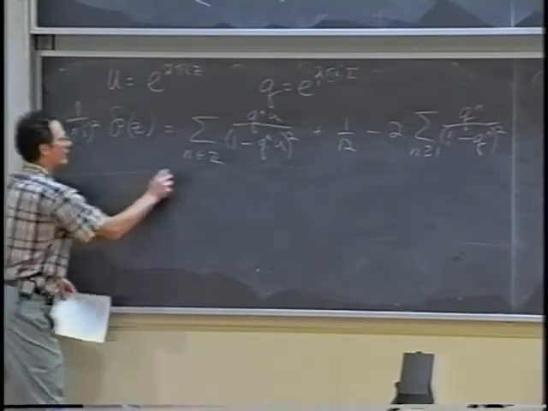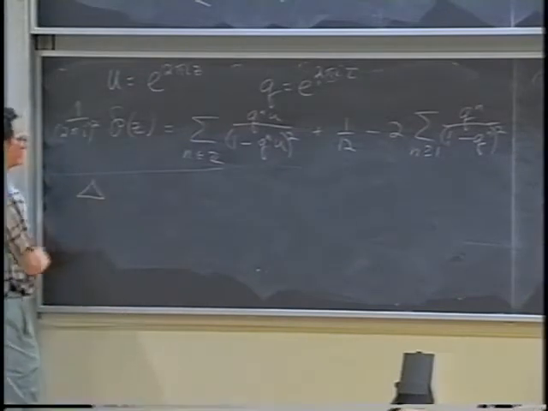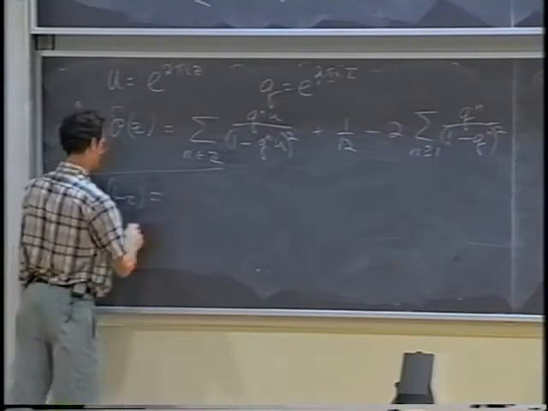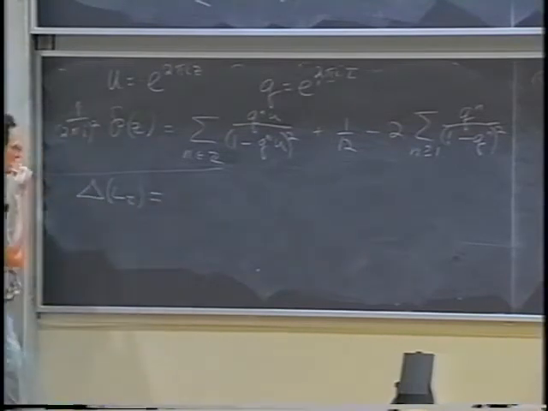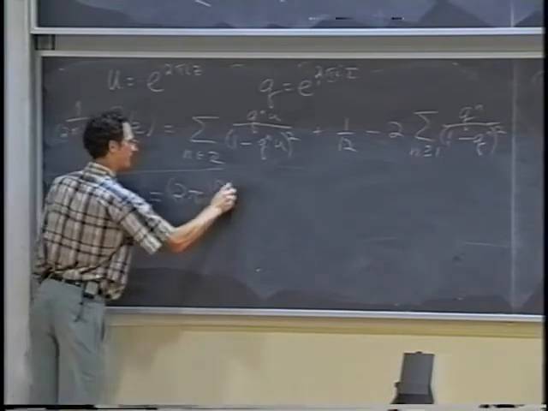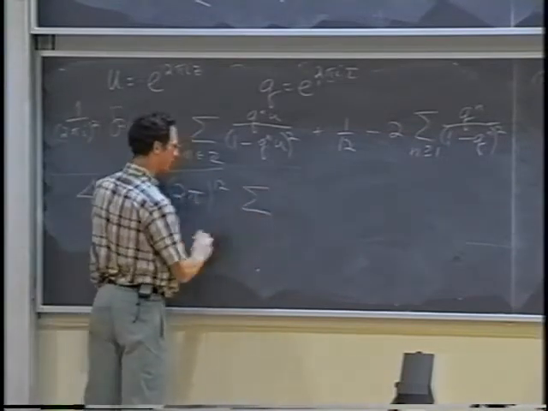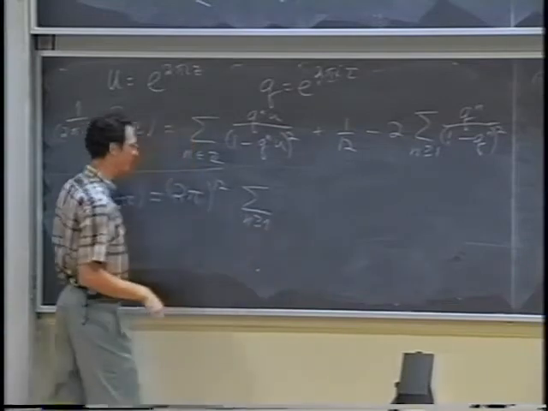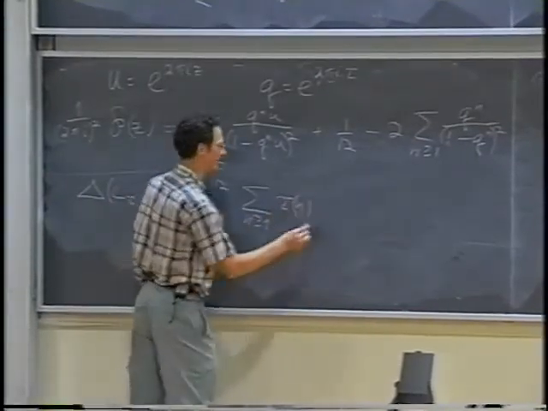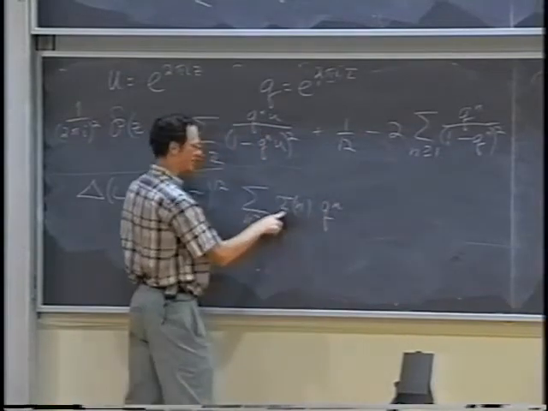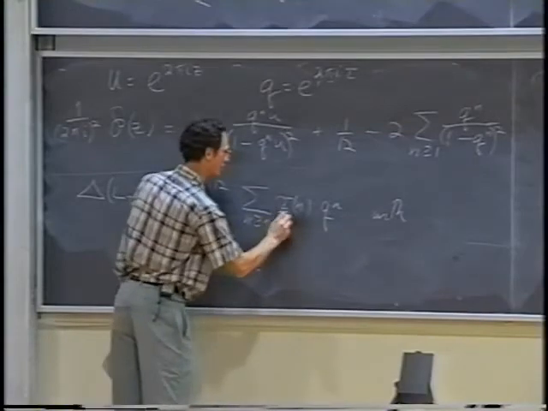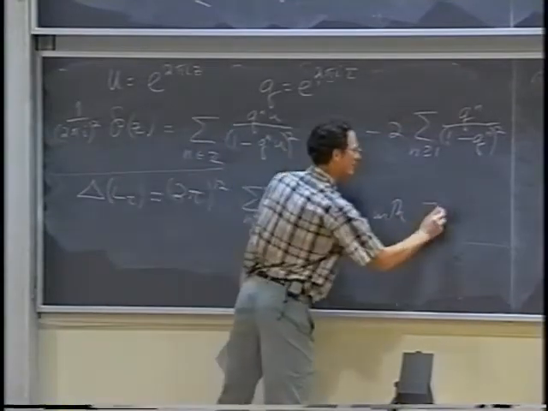We also have the discriminant function for the lattice L sub tau, which has the following form: first it's 2 pi to the 12th times a series, n greater than or equal to 1. And here I'm going to have to apologize. The standard thing to use for the coefficients is tau of n, q to the n. Maybe I'll put a triple underline under it.